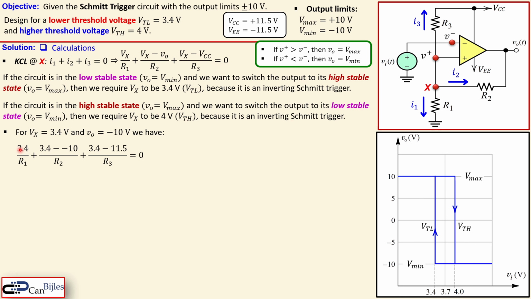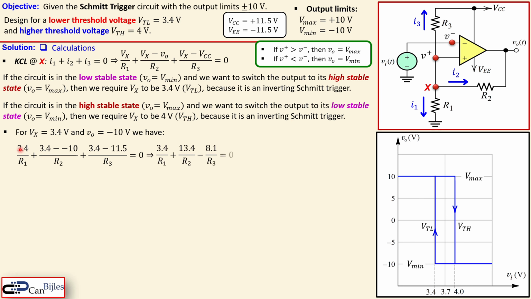Now Vx is 3.4, R1, R2, R3 is still unknown, of course, that is what we need to know. We have here again Vx 3.4 and then minus 10, because it is the VO in this case, minus 10 volts. And I have here the VCC, which is here 11.5 and again 3.4 for Vx. Now this is an equation where you see here 3 unknowns, and we can of course use it later.